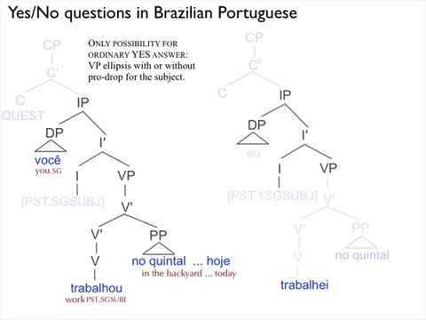Oh, here's where we have "você trabalhou no quintal hoje?" I'm asking, in English, how would we translate that? You worked in the backyard today? Or on the backyard? Whatever, how would you say it in English? Did you work on the backyard today? Yeah, it should probably be on, right?